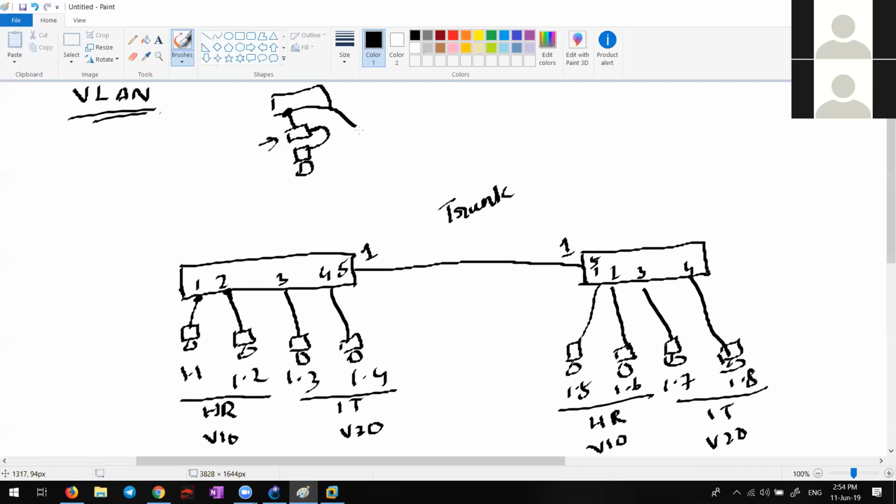If this is the only connection, then in this port there is only one VLAN, the data VLAN. Clear? Write it down if you want. So through an access port, only one data VLAN and one voice VLAN will be allowed to pass through.